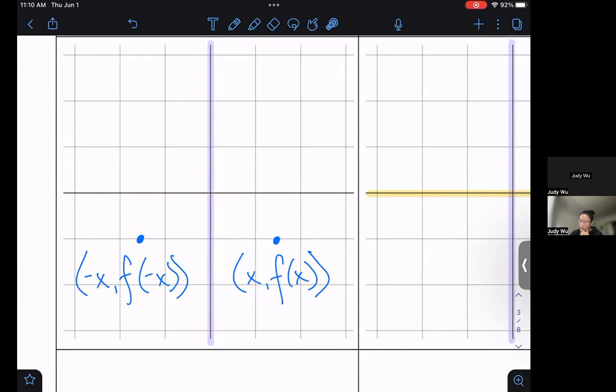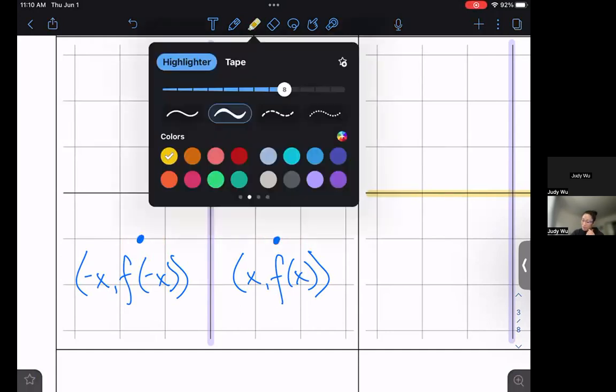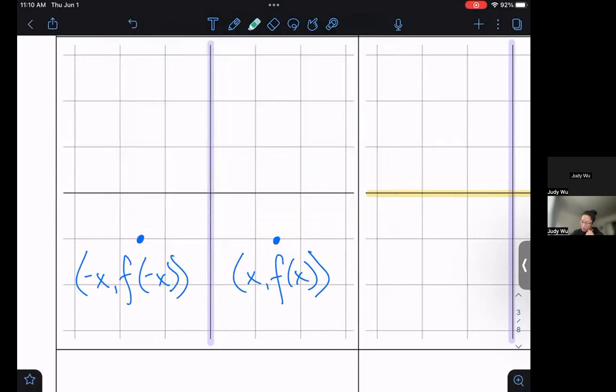And the y values here, f of x, what can we say about this y value and this y value? Well, looks like they're the same to me. It's down by this much, and this one is also down by this much. So what we can see here is that f of negative x is the same as f of x, okay?